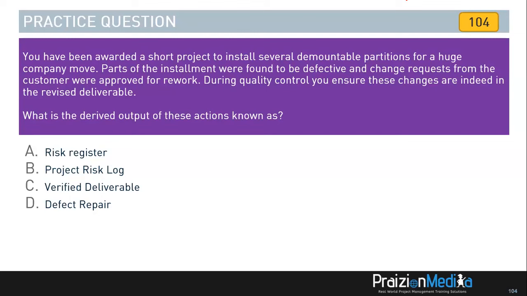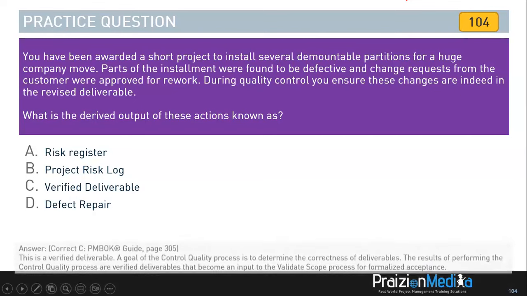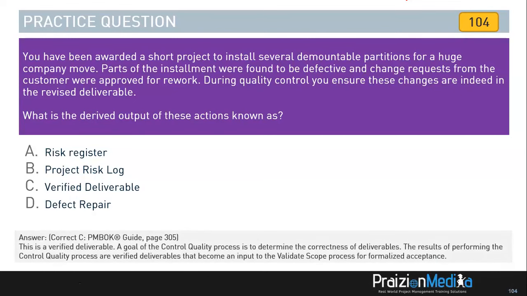Okay, so my friends, this is asking pretty straightforward about what do you get out of quality control. And it's not A or B, and neither is it D. This is really just describing the obvious. It's a verified deliverable.